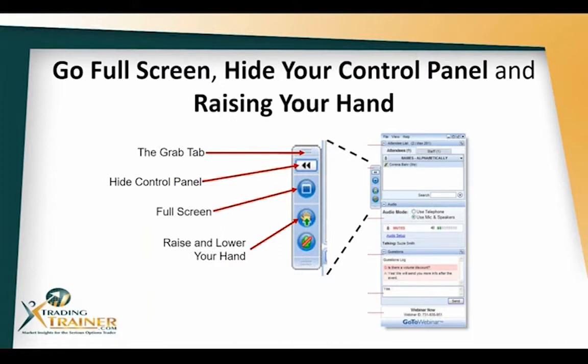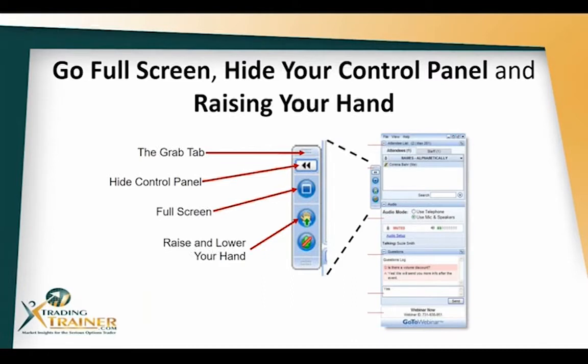You're not really going to need that control panel. You might want to type in a question, but for most of you, it's taking up valuable screen real estate. So you can click on that orange button with the white arrow on it, the hide control panel button, and get that thing out of your way.